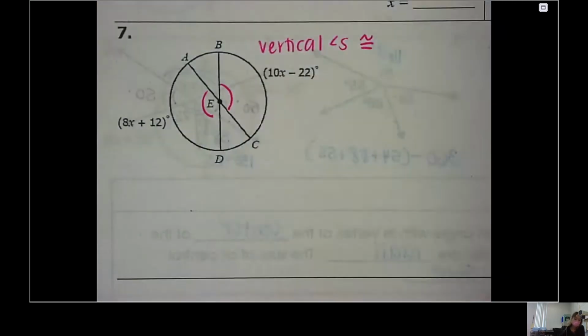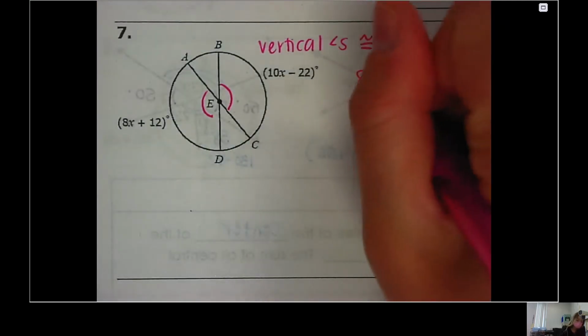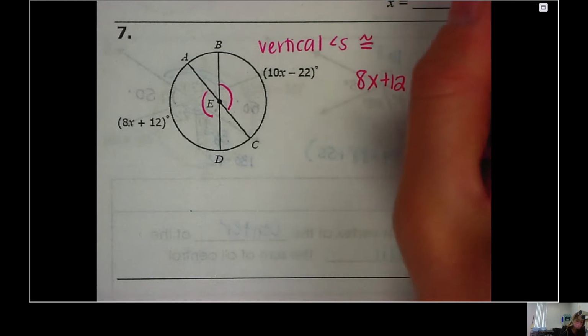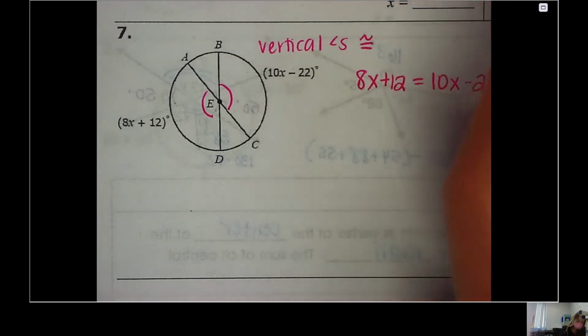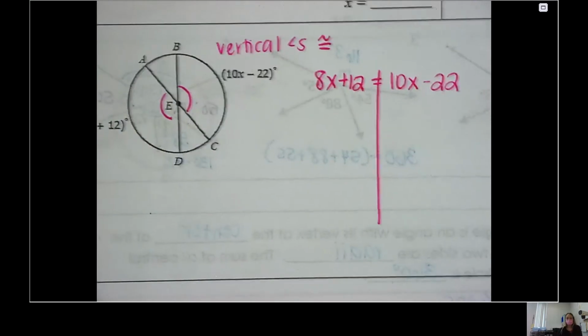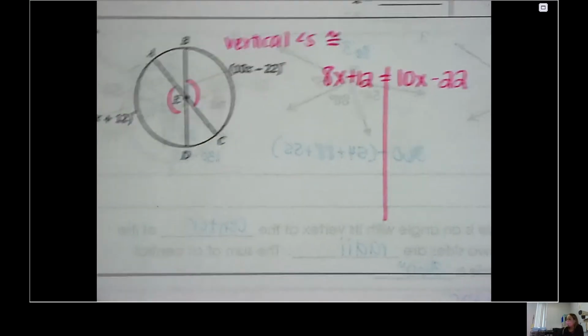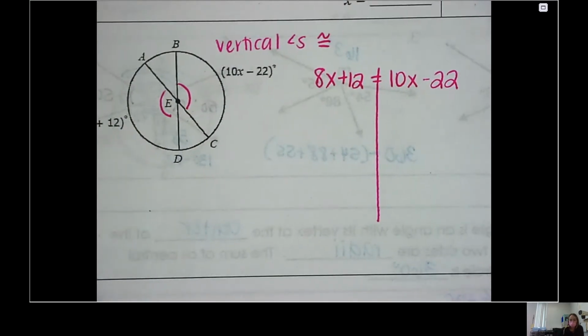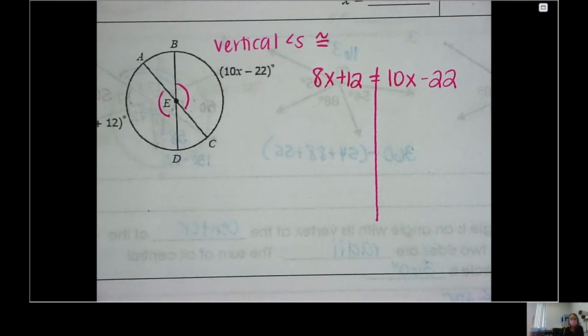So we're going to take 8x plus 12, set it equal to 10x minus 22. We're going to do some algebra. Your fave. What should I do first? Move the x's. I'm going to move the smaller one.